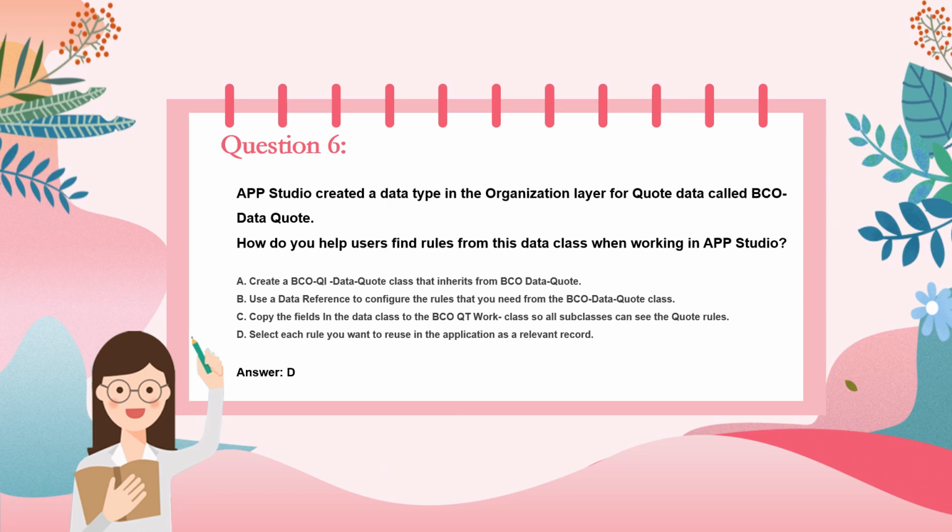B. Use a data reference to configure the rules that you need from the BCO data quote class. C. Copy the fields in the data class to the BCO Qt work class so all subclasses can see the quote rules. D. Select each rule you want to reuse in the application as a relevant record. Answer: D.